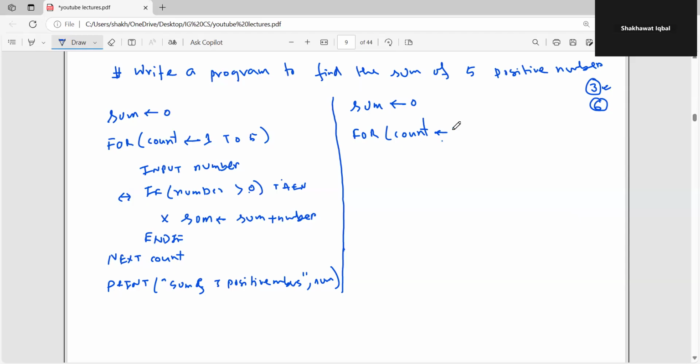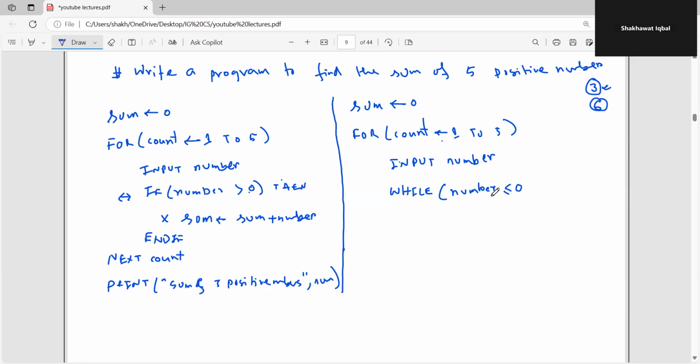So count 1 to 5. We'll write here input number. Now, while the user makes a mistake, while his or her number is less than or equals to 0. So we consider 0 also as an invalid number because it will not impact the total.